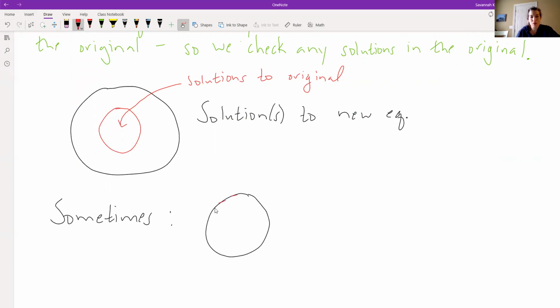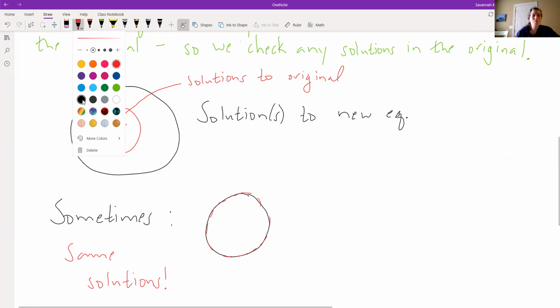I don't know how to express a red circle on top of a black circle. I'm going to kind of do it with a dotted line. Sometimes same solutions, but that's not a guarantee, and we don't want to go into a problem assuming that that lucky situation will happen, even though it probably will early on.